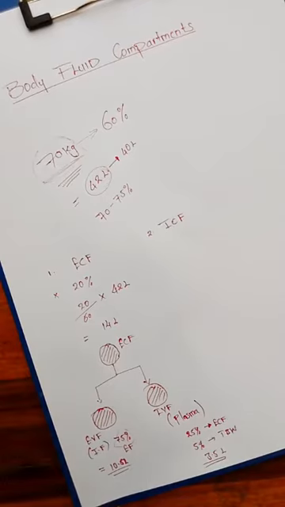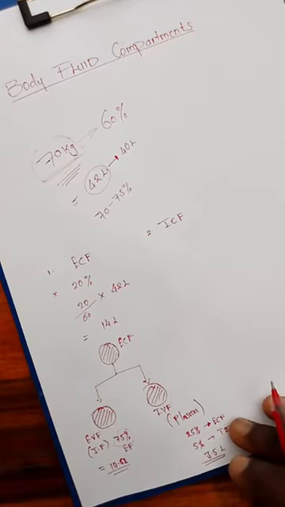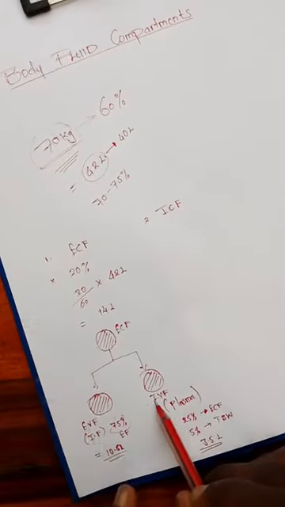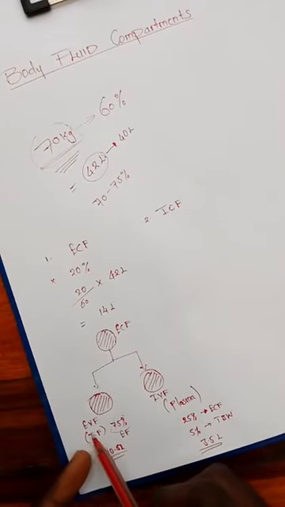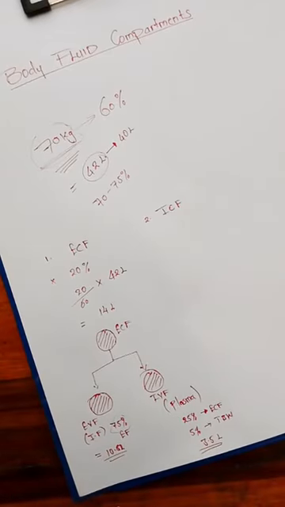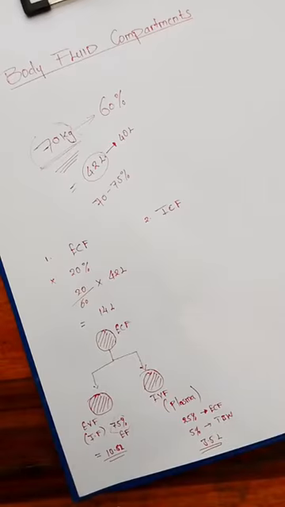Then it was divided further into two: the extravascular fluid and the intravascular fluid, which are under extracellular fluid. The extravascular fluid has the interstitial fluid as well as the transcellular fluid. The interstitial fluid makes up about 75% of the extracellular fluid in total, and the intravascular fluid about 25%.